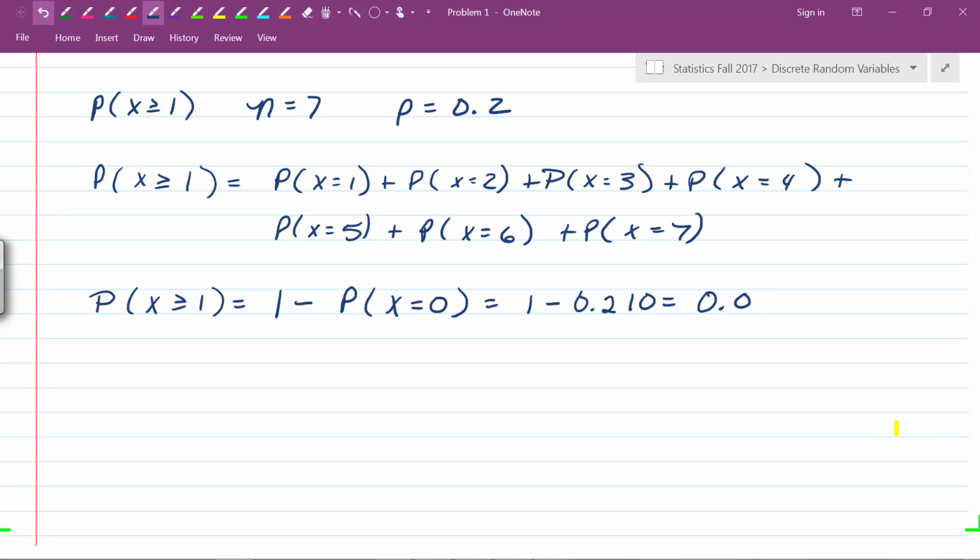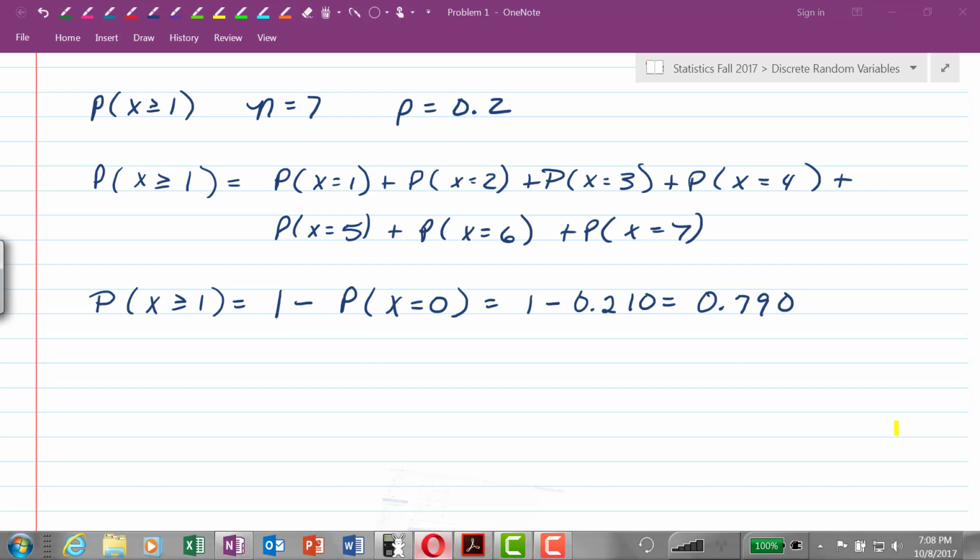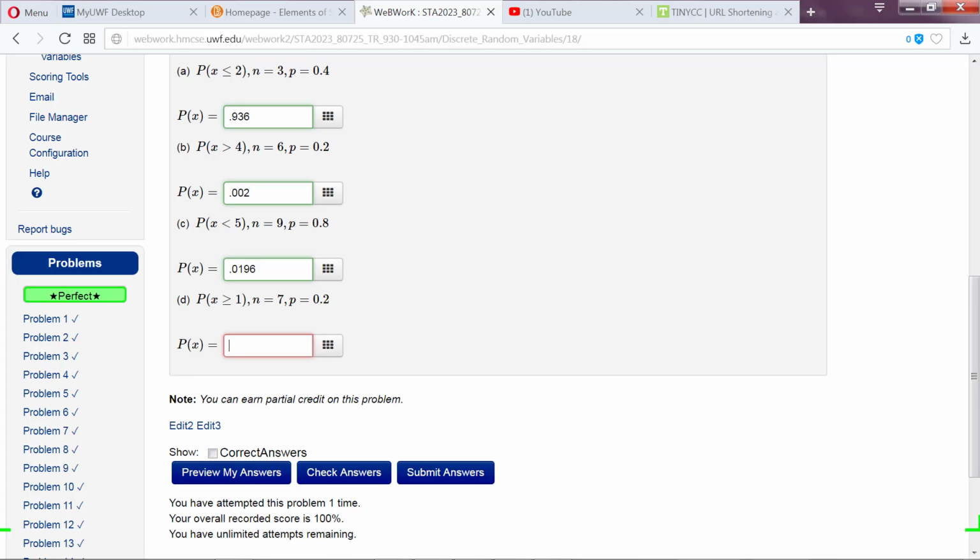Okay, let's go put that in our solution here and see if we get another correct answer. 0.79. Check answer, and we got all of our problems right.